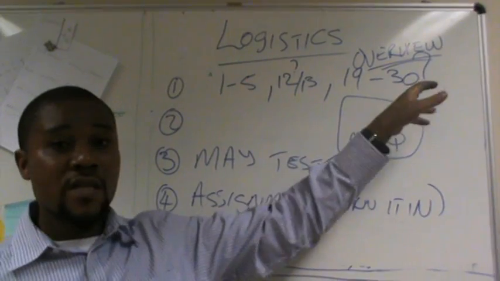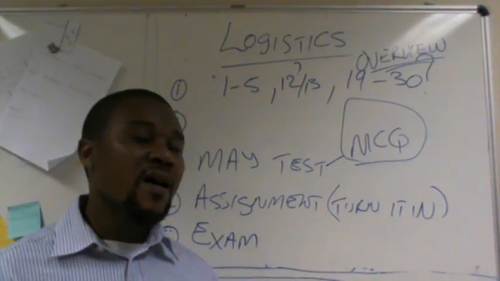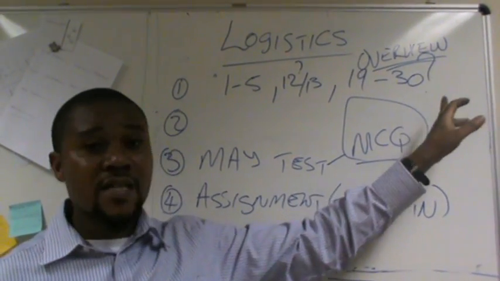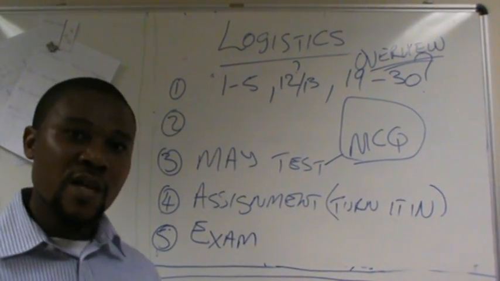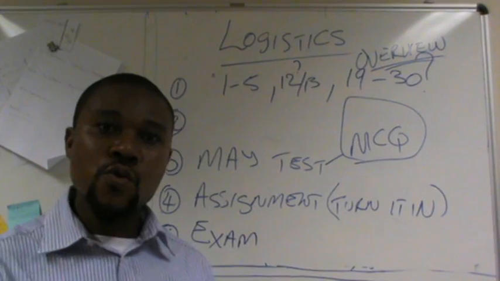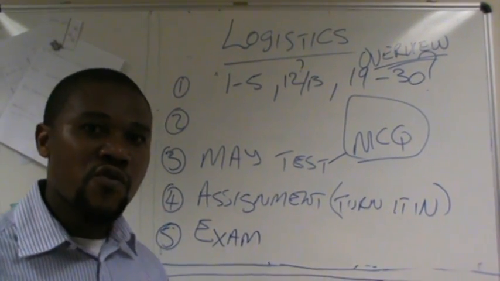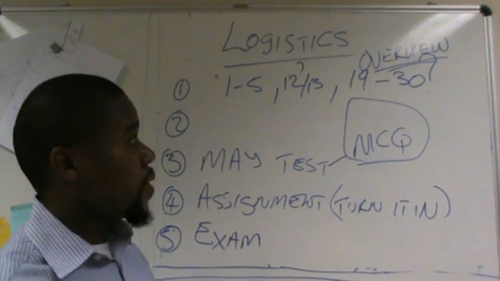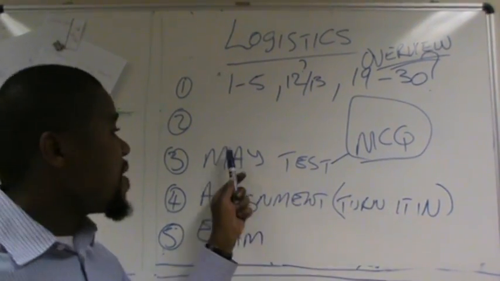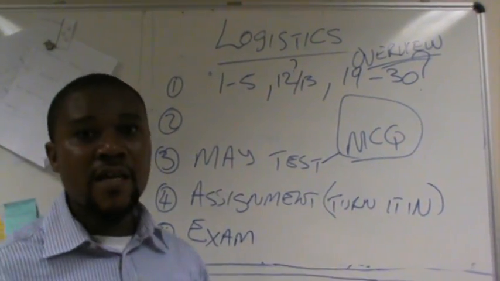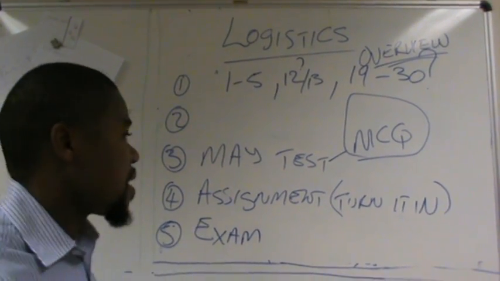I also did not discuss in depth the labor market. I also did not discuss in depth economic growth in lectures as well as in these videos. Those are self-reading, you have to read on your own. Alright. But make sure you read everything because everything is going to be covered in the May test, the MCQ test.